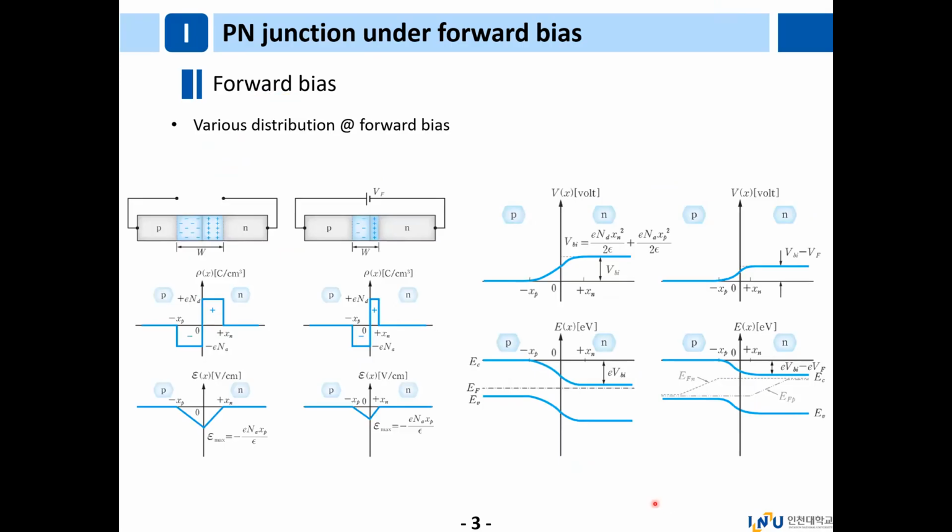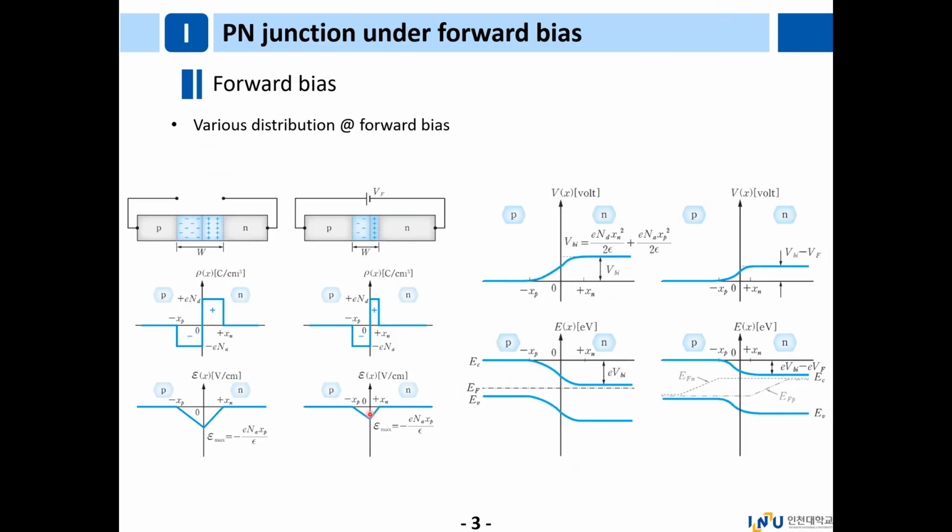The following figure compares forward bias and thermal equilibrium. Within the depletion layer region, the magnitude of the electric field decreases as the forward bias increases.